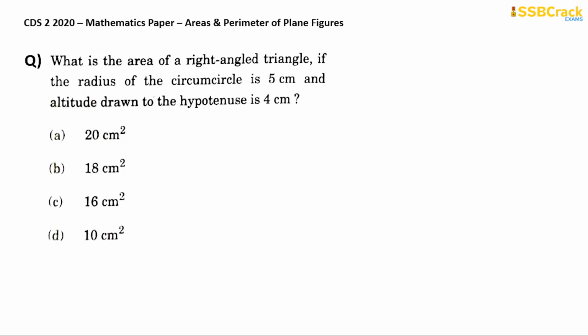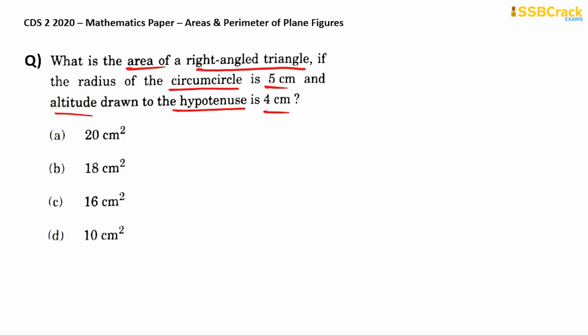What is the area of a right angled triangle? There is a right angled triangle and the radius of the circumcircle is known to us. It is 5 centimeter, and the altitude drawn to the hypotenuse in that triangle is 4 centimeter. So what is then the area of the triangle?